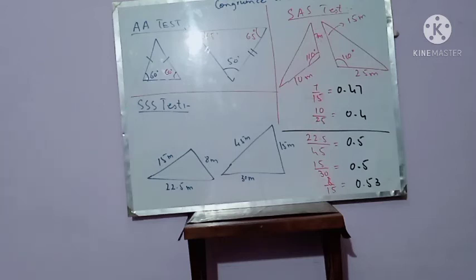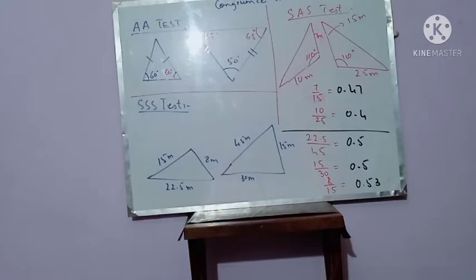This test says that if the three ratios of the corresponding sides of two triangles are the same, then the two triangles are similar triangles. You can see that we have a pair of triangles, right? In this pair we have three sides given in the two figures.